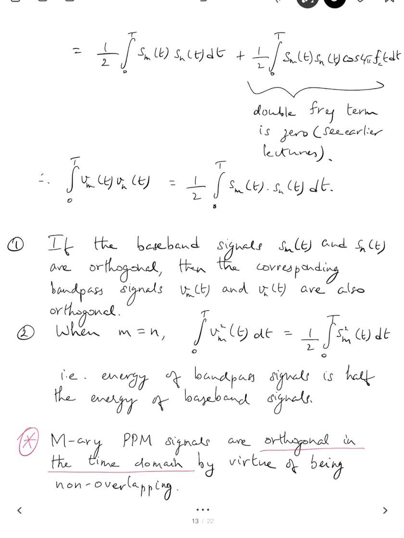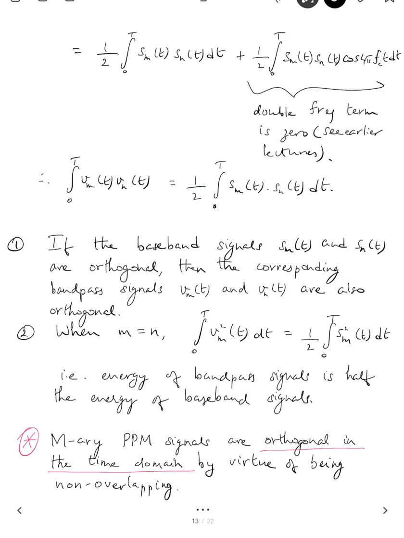So we notice two things happening here: when we produce bandpass signals, even in the multidimensional case, if we start off with orthogonal baseband signals, it gives orthogonal bandpass signals.